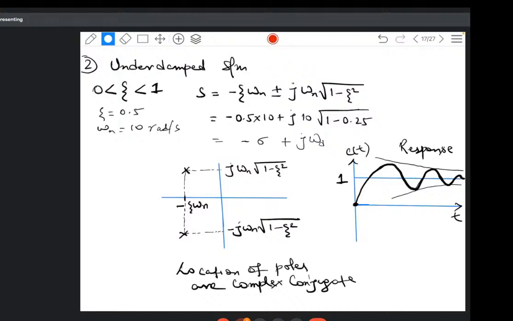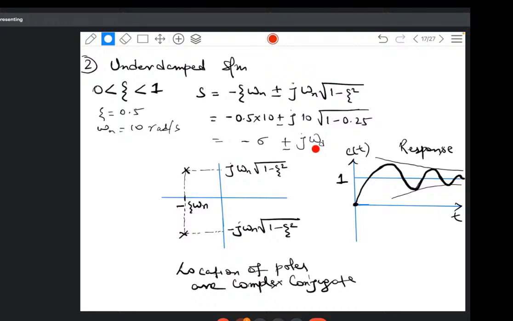So now zeta is 0.5, omega n is 10, and this is j 10 under root 1 minus 0.5 square, which is 0.25, so this part will become 5. So minus sigma plus minus j, and this part is called omega d.